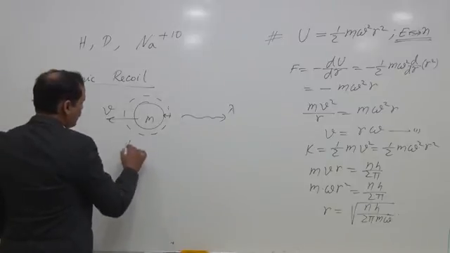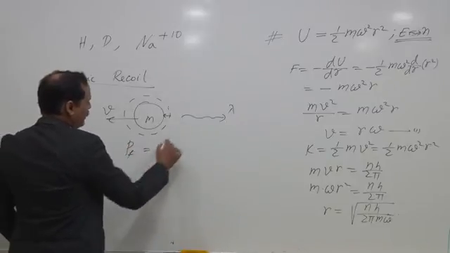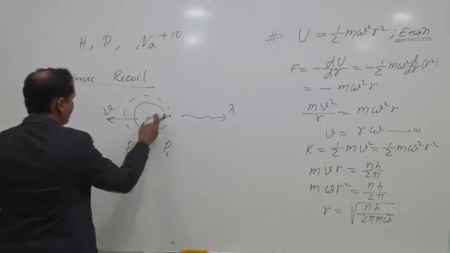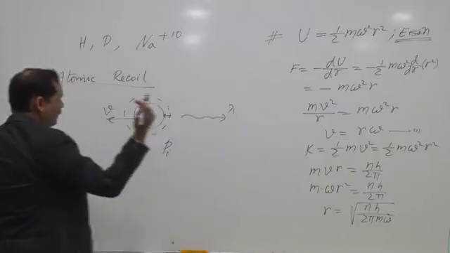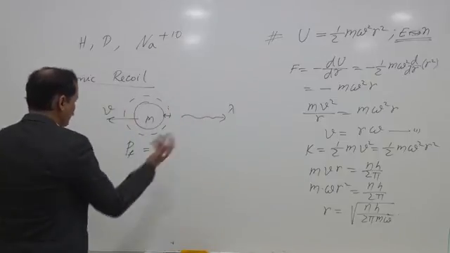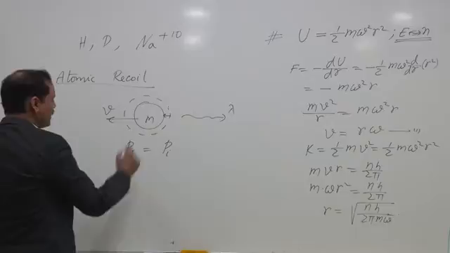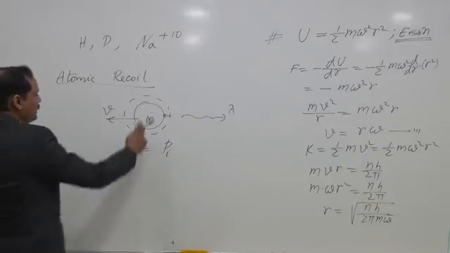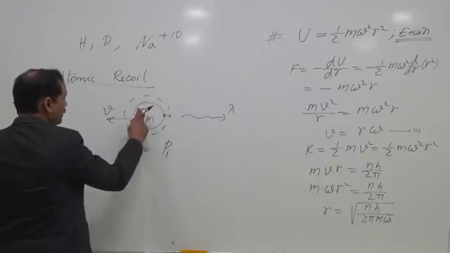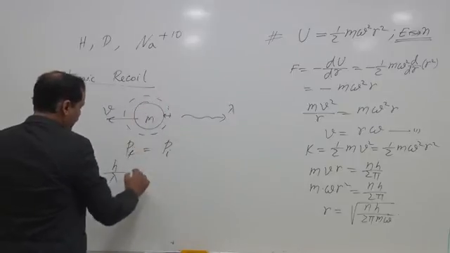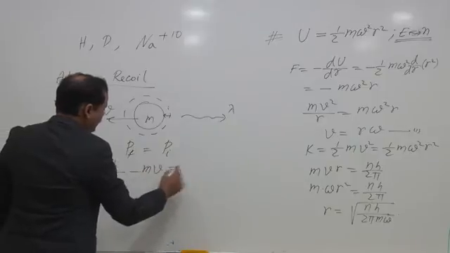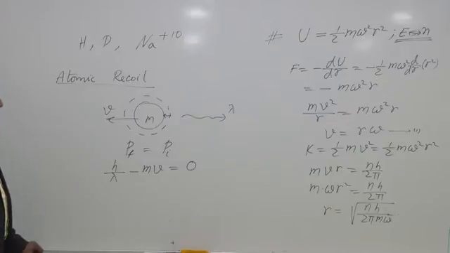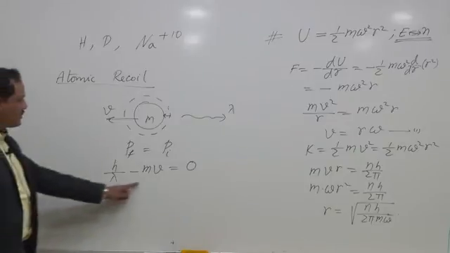Now from conservation of linear momentum, final momentum is equal to initial momentum. The momentum of the photon, as we have already seen, is P equal to h by lambda, or E by c also, and the momentum of the atom is minus mv. That final momentum is equal to 0, the initial momentum. Why is it minus?